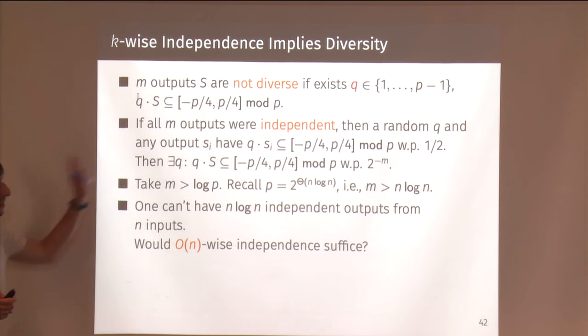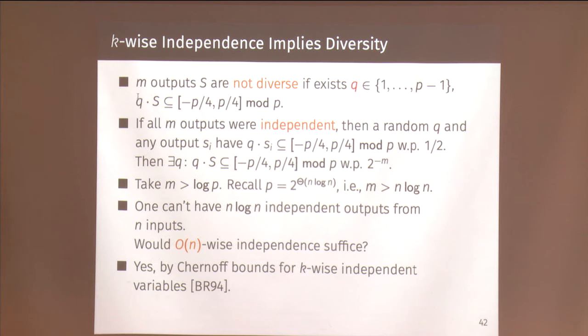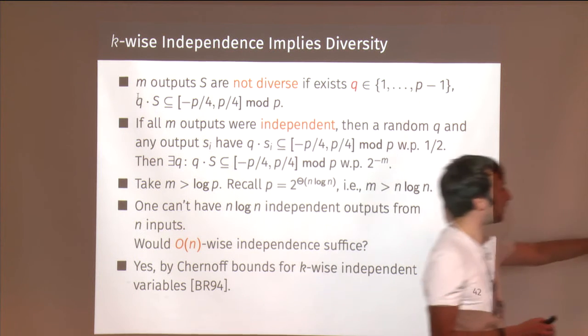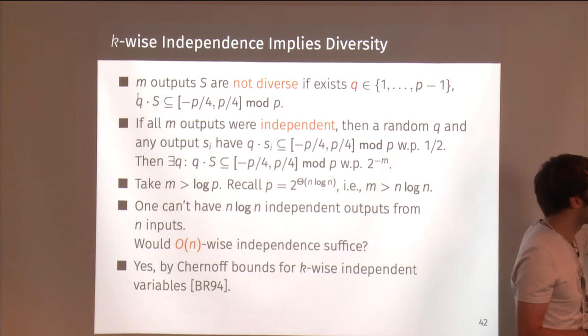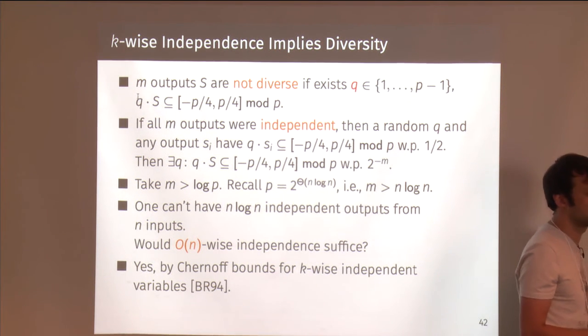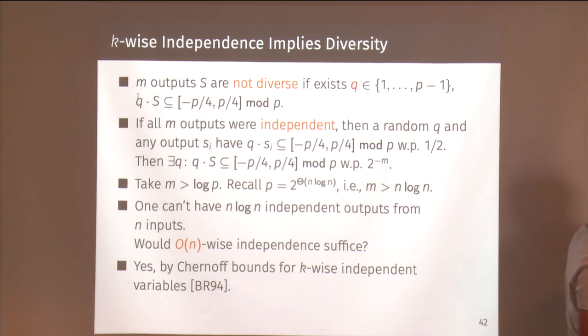And then, instead of Chernoff bound, I can use some Chernoff bound for k-wise independence, and apparently this is sufficient. Apparently, if this matrix for some vector x is n-wise independent, I mean n over 100 wise independent, which means every set of n over 100 rows has full rank, then there exists a set of weights that by Chernoff bound guarantees you that the output is diverse, so not computable by an efficient data structure.